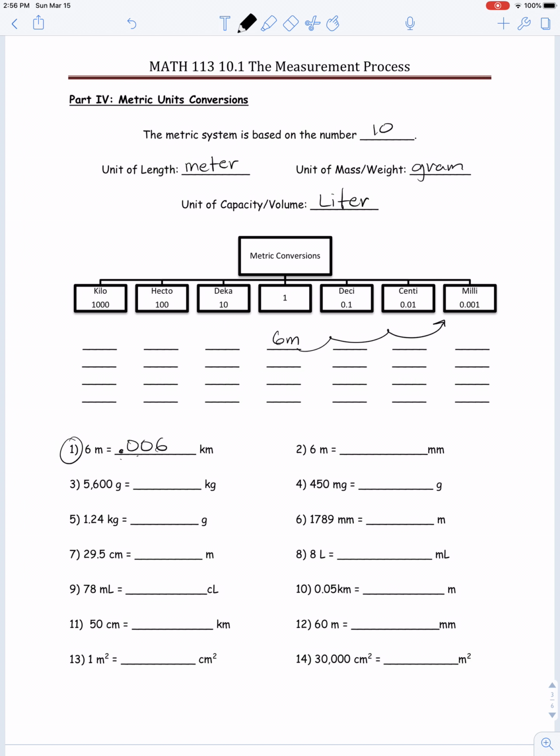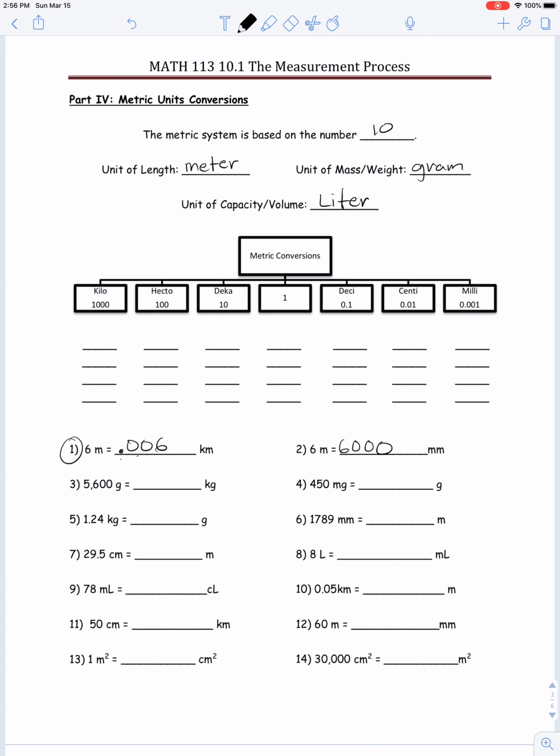So that means I'd want to add 3 decimal places to the right. So 6 meters is the same thing as 6,000 millimeters in this case. So again, that's the main thing. Figure out where you're starting, which way you're trying to move, and get your answers from there.